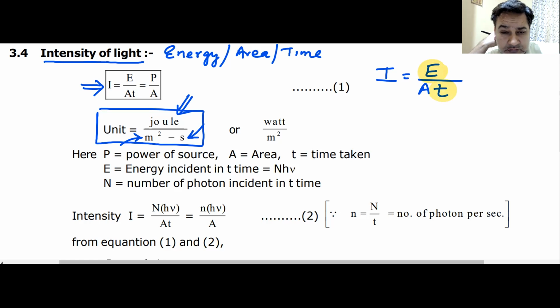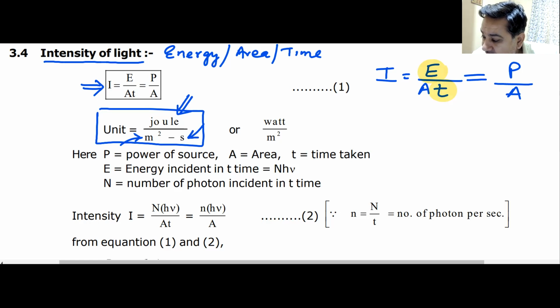Rate at which energy is falling. Rate at which energy is given. Work, power, energy. Do you remember anything? This is power. Energy per unit time is power divided by area.